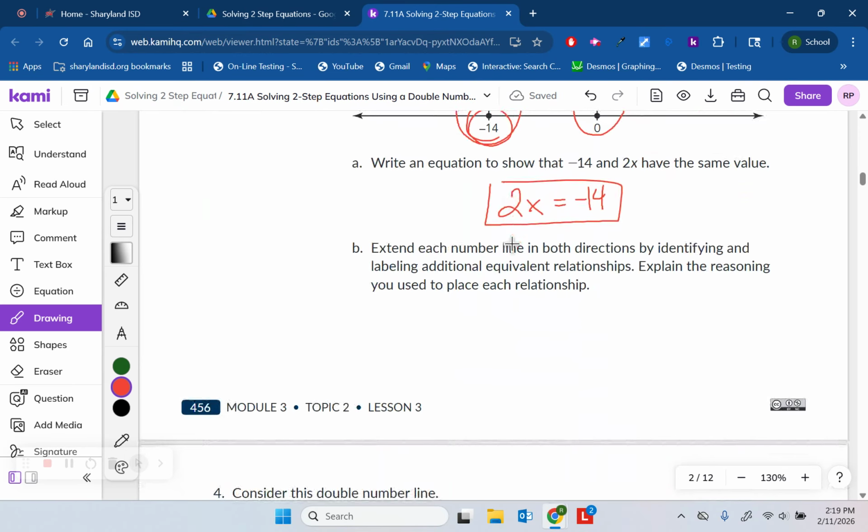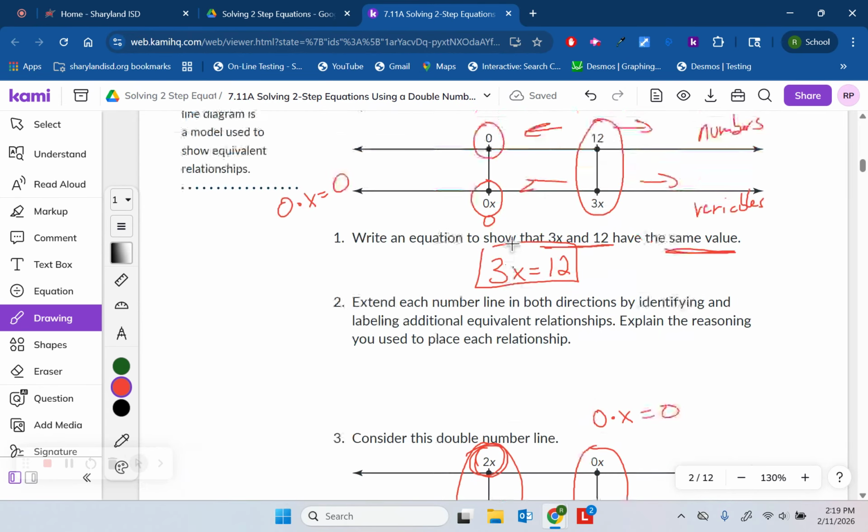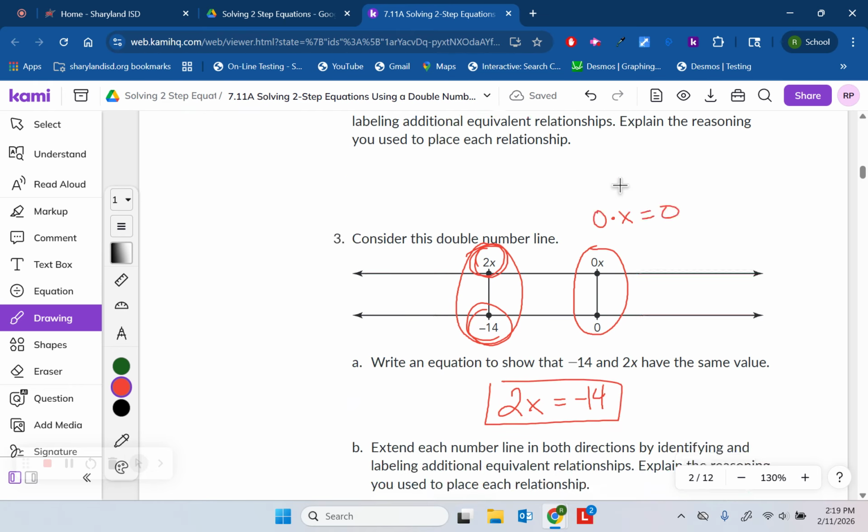Extend each number line in both directions by identifying the labeling. I think what they're saying is they want us to do this. For example, this is 1x and this is 2x. What would be on this side? What would be on that side? I'm not going to give you the answers because we're going to start working these out. If you're a student watching this, if this is x, what's this going to be?